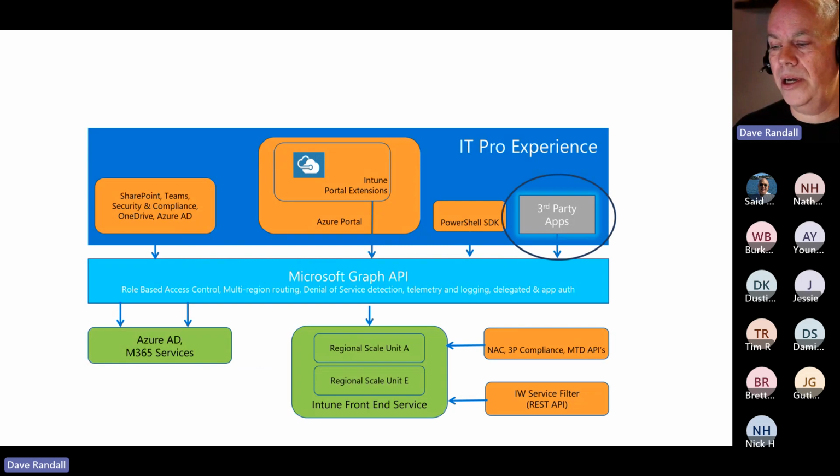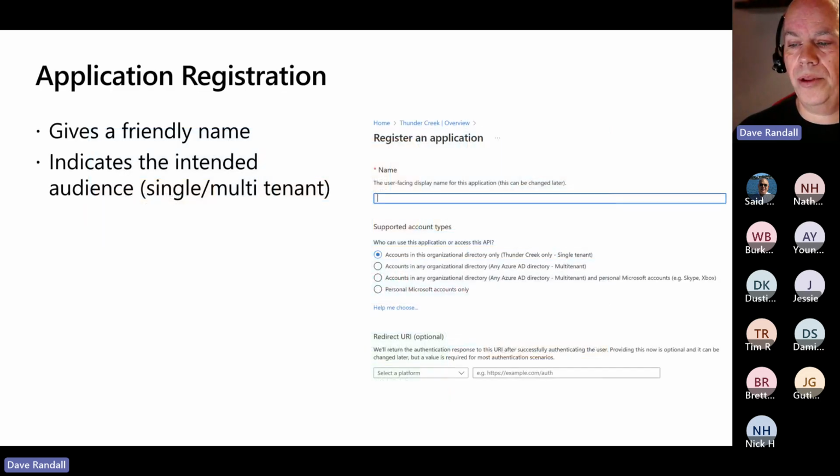So going back to our diagram, if we're interested specifically in third-party apps, so you want to be able to do this automation from a third-party app, the first thing that you're going to need to do is register this application. So let's say that you're all excited about building some automation, you've got an idea for an application. The first thing that you're going to do is register that using Azure Active Directory. And you can register your application in one of two ways.